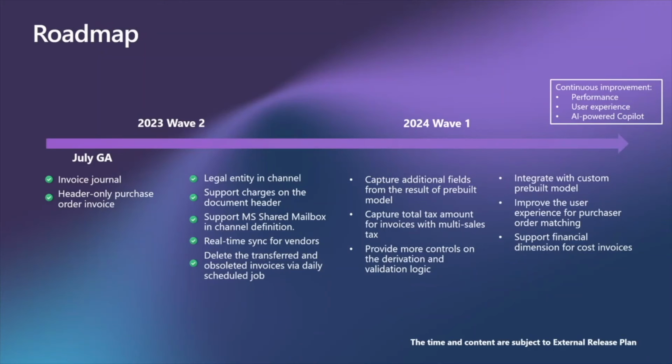The custom prebuilt model is built on top of the prebuilt model with some additional enhancements. The model is owned by the AI Builder team, which will GA in the coming months. I haven't got the finalized date, but it should come in the next one or two months.